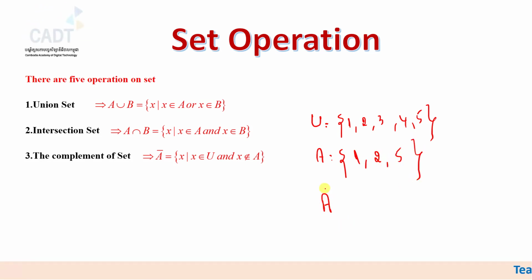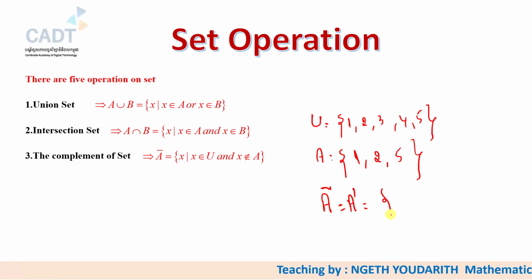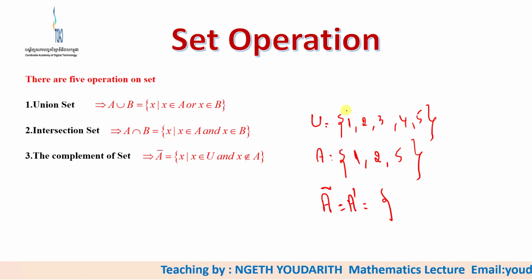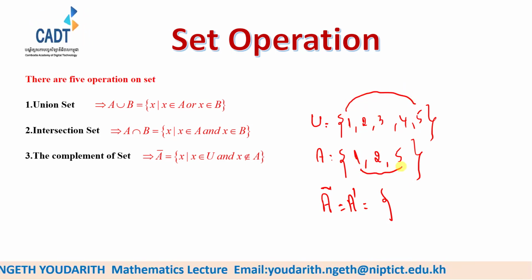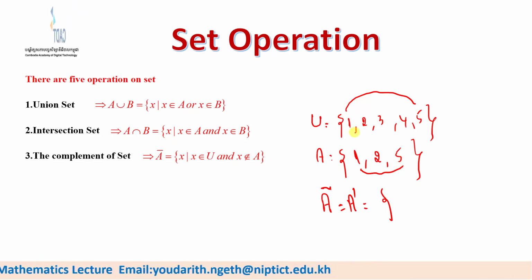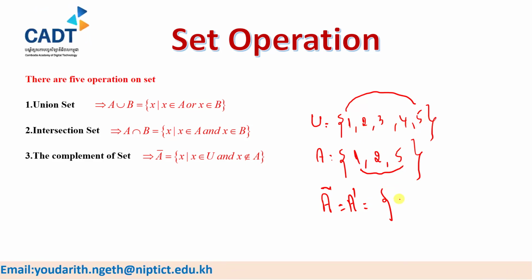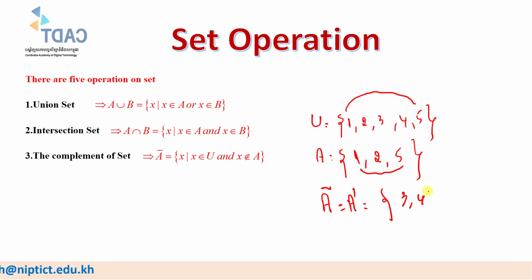So the complement of A, you can write like this, is equal to the elements of U that do not belong to A. A is 1, 2, and 5, so not belonging to A is 3 and 4.